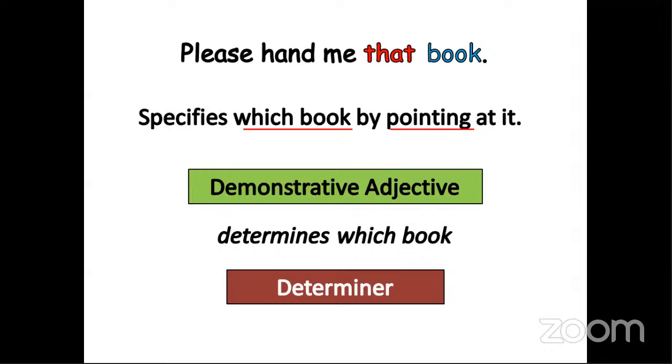And in a couple of places we also have adjectives, for which I would have used the shade of green. Okay, so this is a color code which I've used. So now in this example, we just understood that the word that is pointing to the noun. Specifically it is telling which particular book, and it is a demonstrative adjective. So that is a determiner.